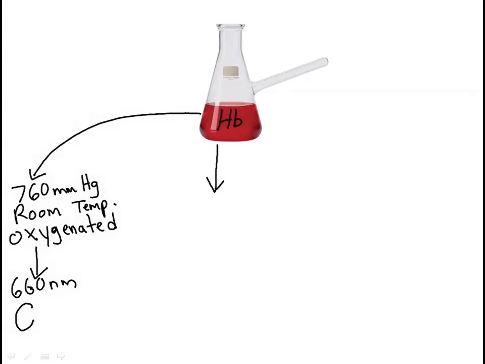Next, you're going to reduce the air pressure in the flask, and that leads to a decrease in the partial pressure of oxygen. And you'll do this using the vacuum manometer. You'll then gently agitate this sample for about a minute, and that increases the exposure of the hemoglobin to the reduced pressure of oxygen and allows it to reach equilibrium. And again, you're going to read the absorbance at 660 nanometers.